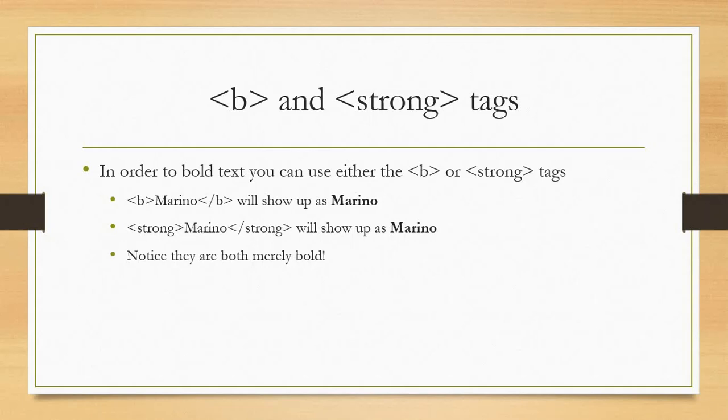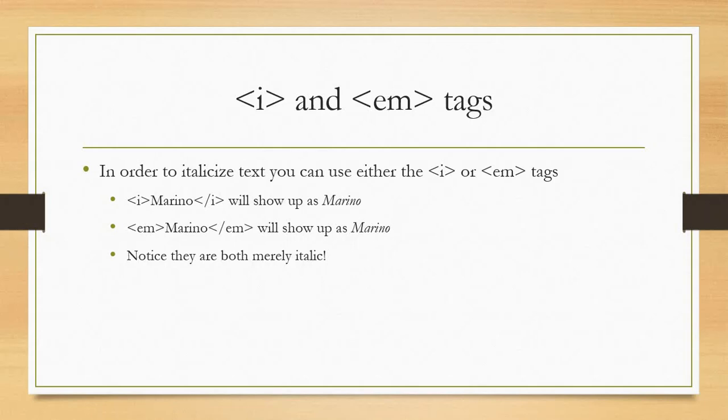You'll notice that they both appear as bold. They will do so within your HTML code as well, so you can alternate between B and strong depending on which one you prefer. Because this is basic HTML, you may just want to use the B tag because it is easier to type. This is perfectly fine.